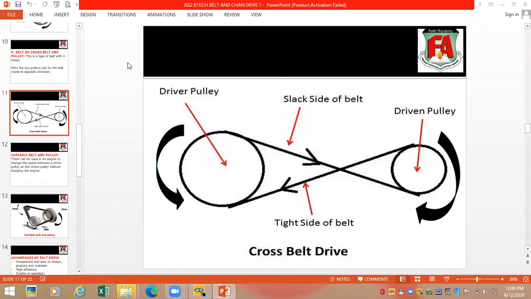The person driving you is the driver. But you that are just sitting inside the car, you are the driven. Is that clear? That is the same application of a driver and a driven pulley.